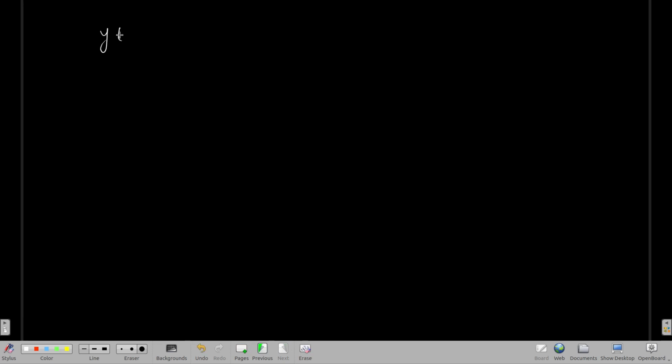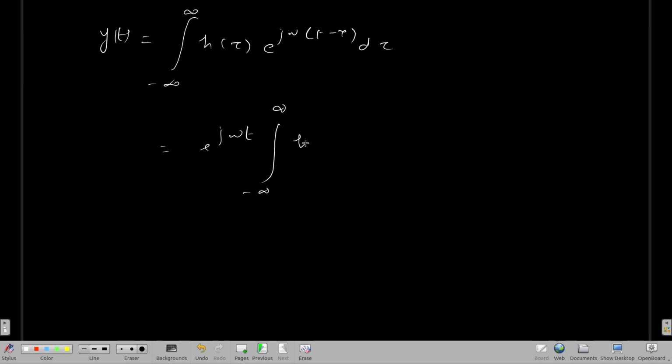Okay, so we have y of t is equal to the integral from minus infinity to infinity of h of tau e to the power of j omega (t minus tau) d tau, which is equal to e to the power of j omega t times the integral from minus infinity to infinity. I'm just doing the same thing that we did for discrete time.